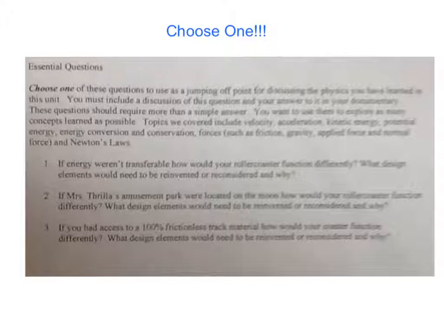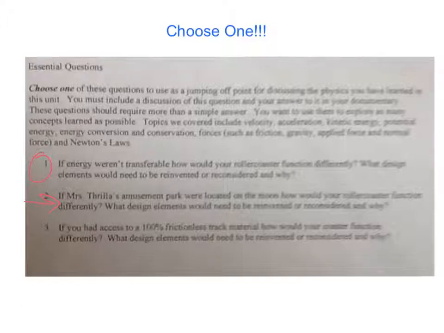So if you pick the first one, the question focuses on energy, but that doesn't mean you can't also talk about velocity and acceleration and forces and how those things affect energy. Likewise, the second one is a question about gravity, because we're changing gravity by moving the coaster to the moon. So just because the question focuses on gravity doesn't mean you can't bring up all the other physics concepts that we've learned.